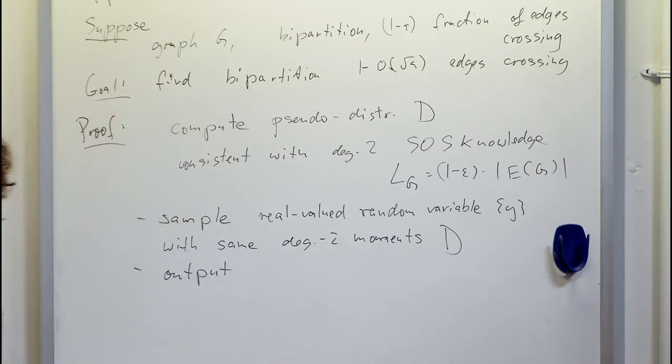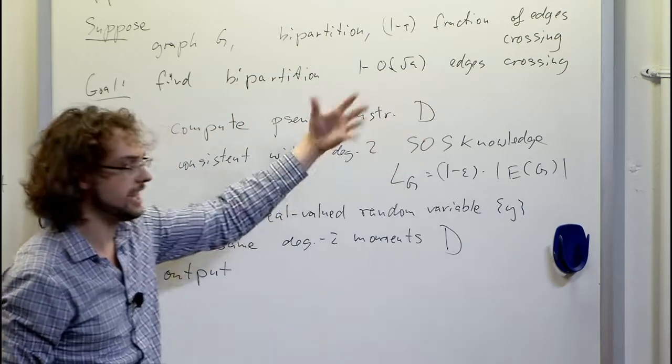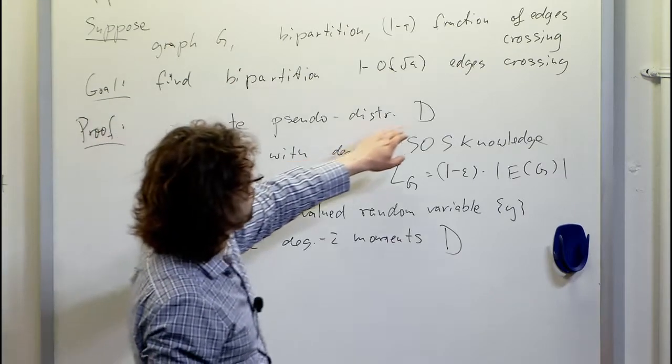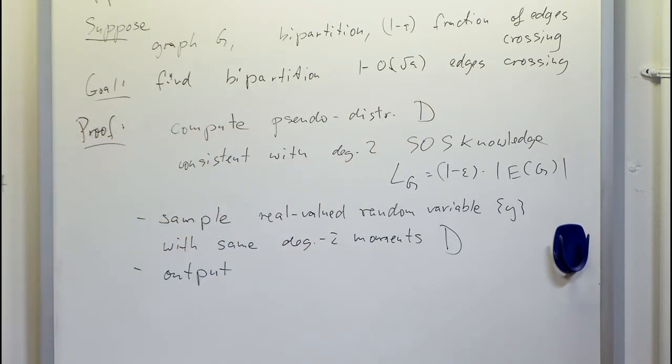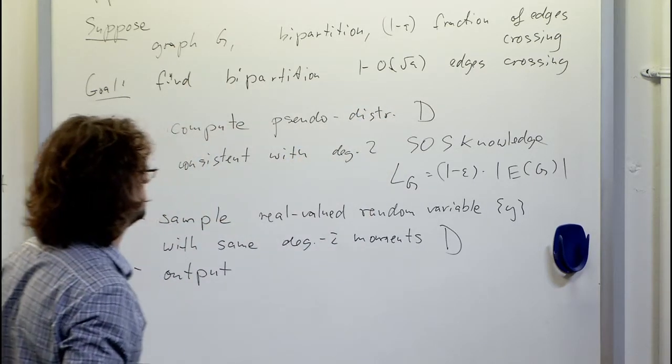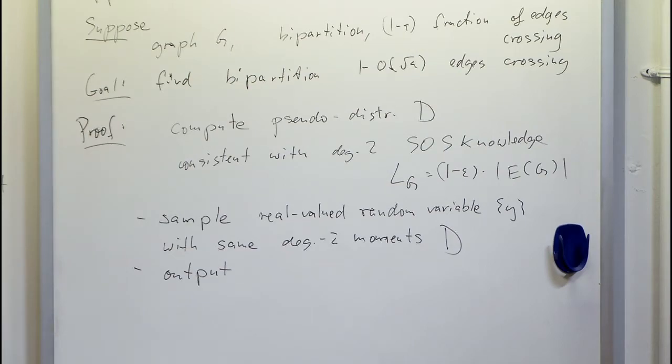So maybe let me say this a bit differently. If this pseudo distribution were an actual distribution, what we'd like to do is just sample from this distribution. But as we said before, we only know the low degree moments of this distribution. In general, it's hard to sample from a distribution that has the same moments.